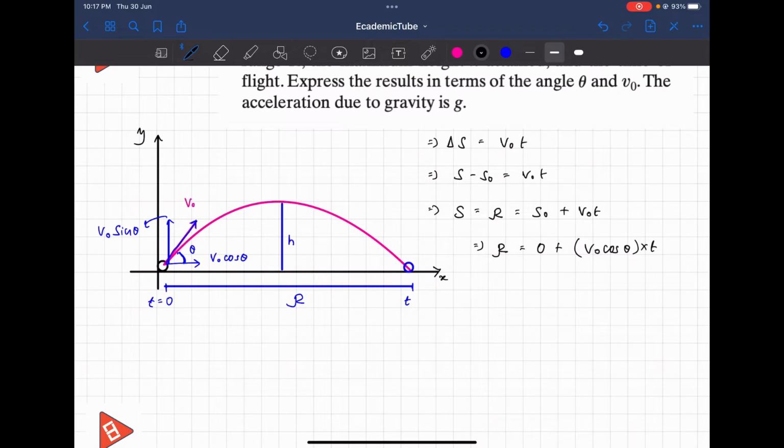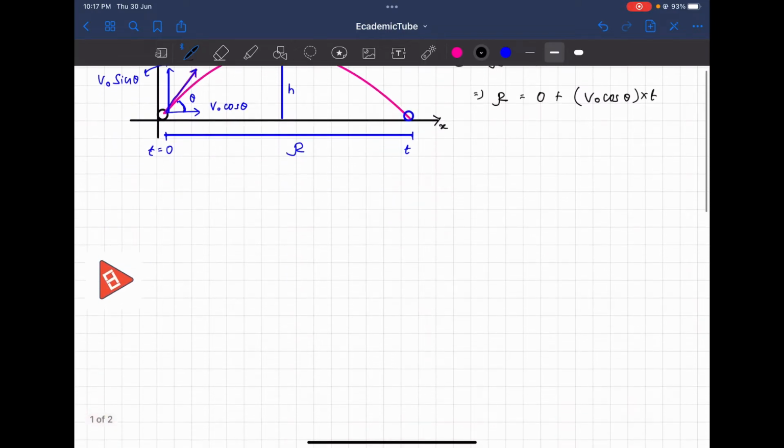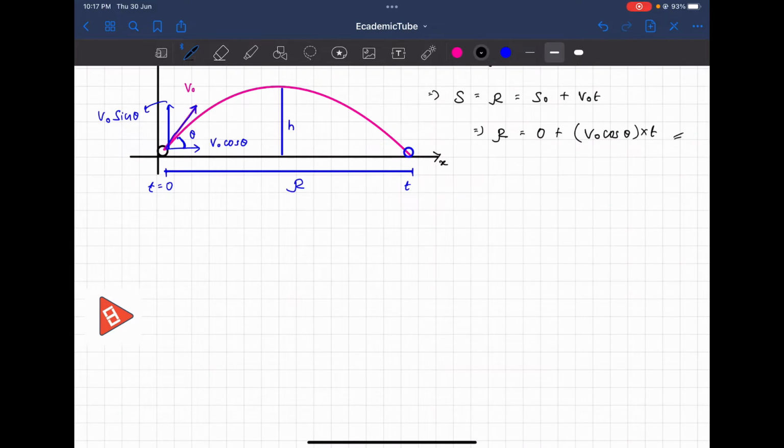Also, we can write, mark this, again s is equal to s0 plus v0 t plus half the acceleration of gravity g times t square.